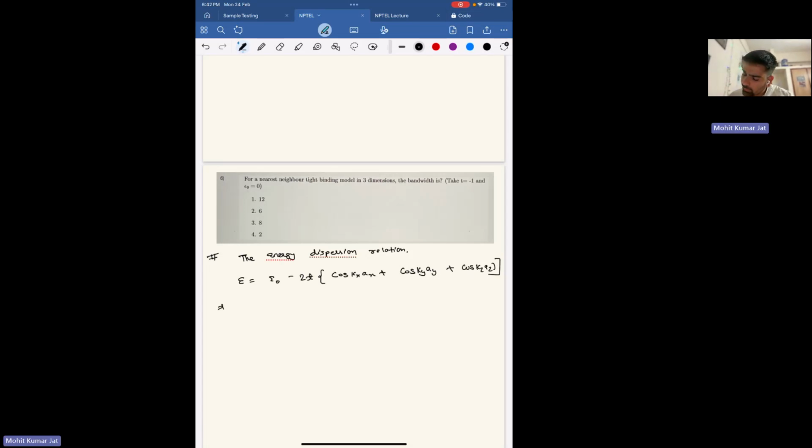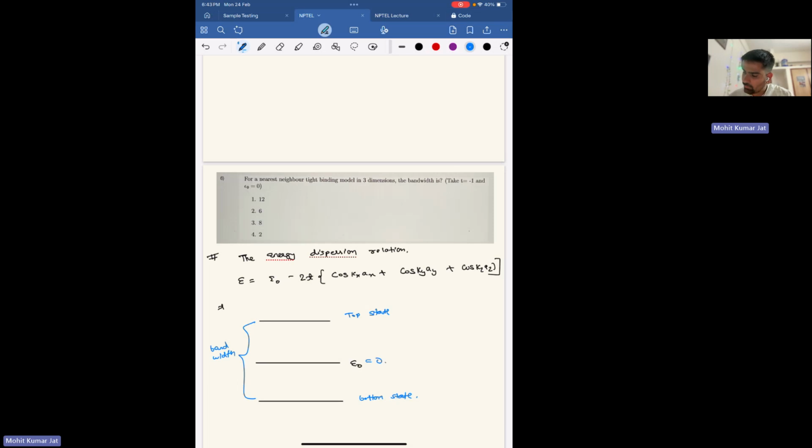So you can think of it like this is your E naught and bandwidth. So this is your top state, this is your bottom state, and this is actually your bandwidth.